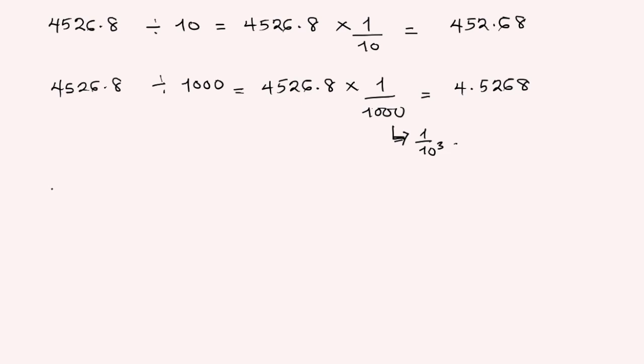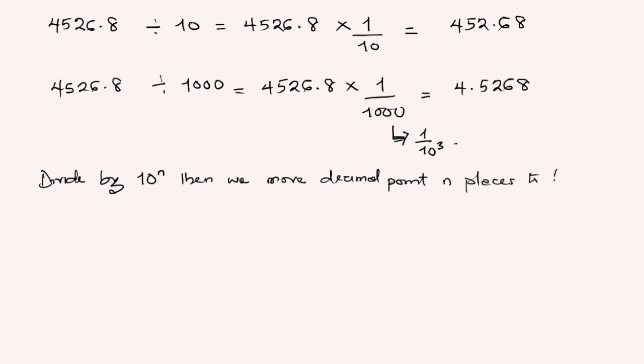So to summarize this, if we divide by 10 raised to the power n, then we move the decimal point n places to the left, as we've seen here.